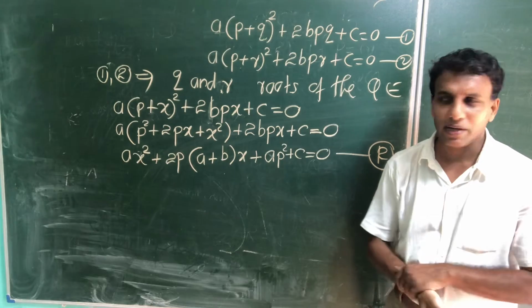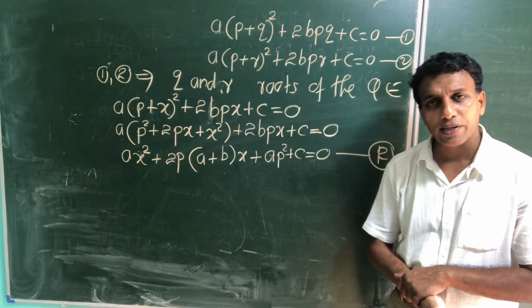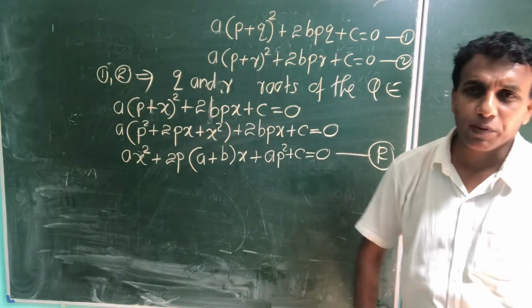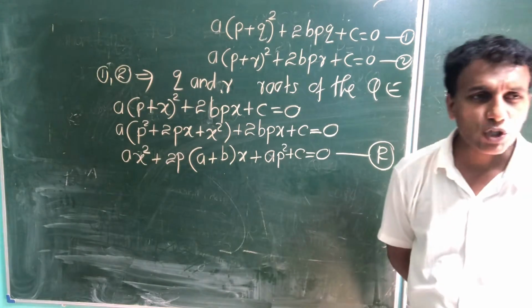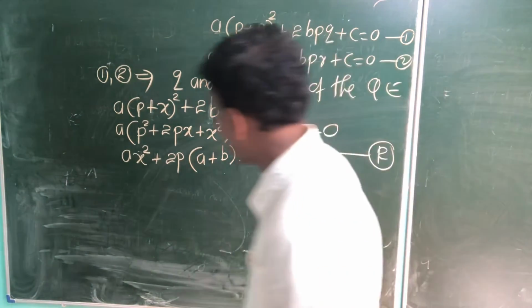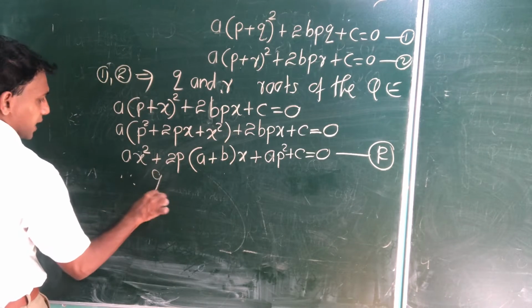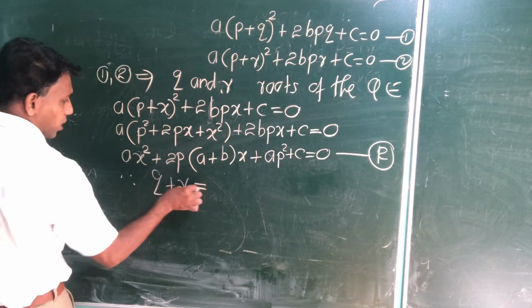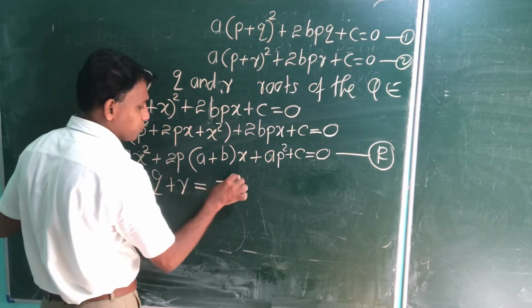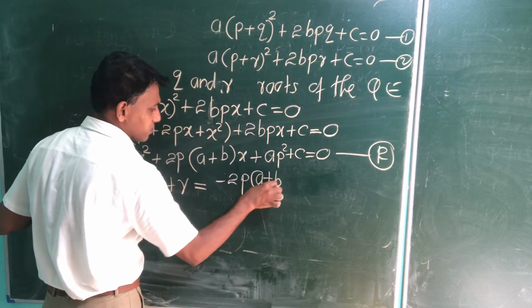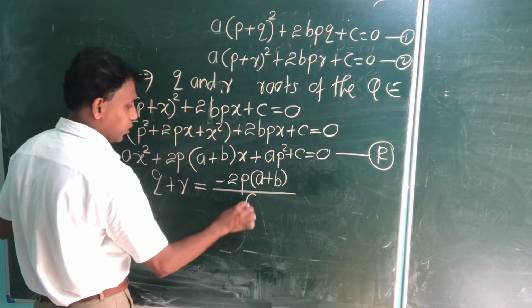Then the simple part, q and r are the roots. Therefore, alpha plus beta is minus b over a, alpha into beta is c over a. So then write down the sum of the roots. Therefore, q + r = minus b over a.